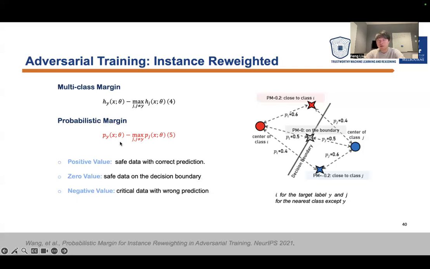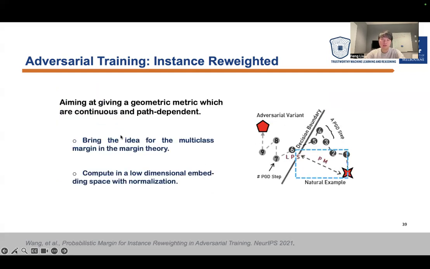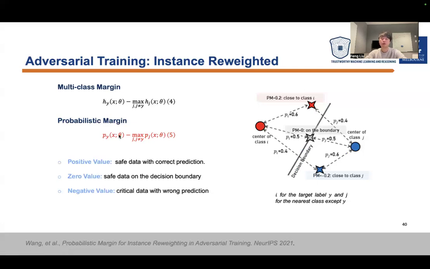So ideally, if this is 1, all the other things will be 0. If this one is 0.6, and perhaps the second largest one might be 0.2 or 0.4, then the margin will be 0.4 or 0.2.